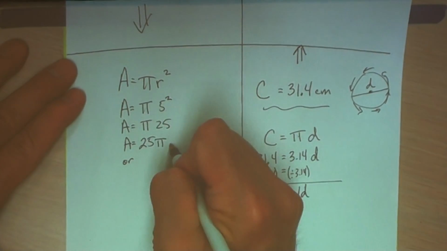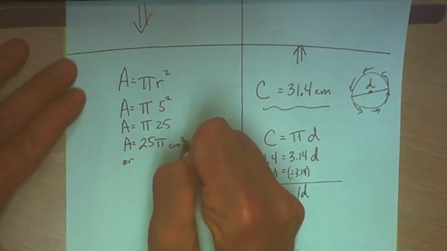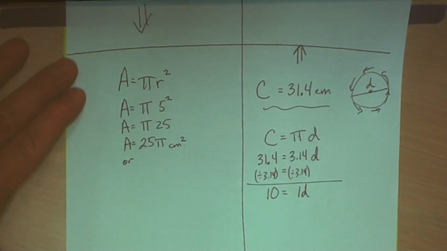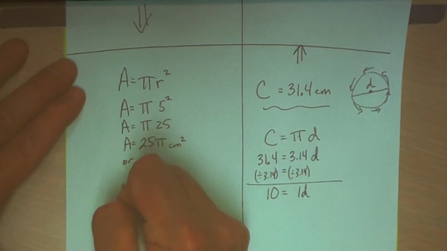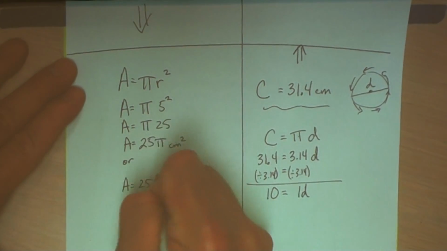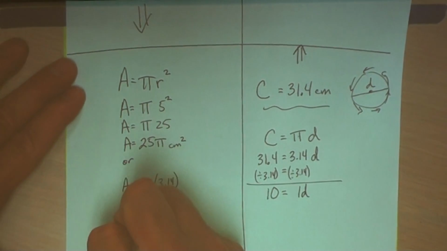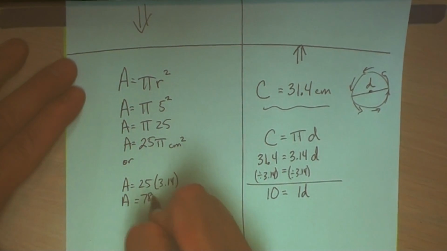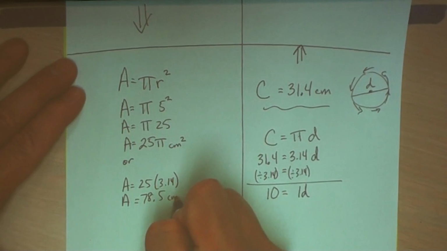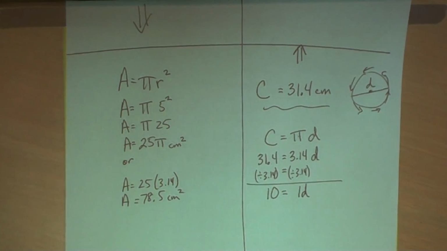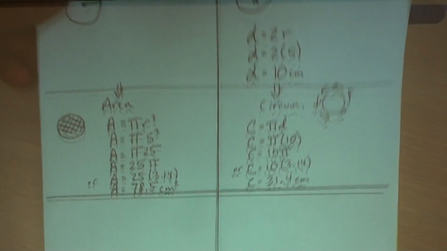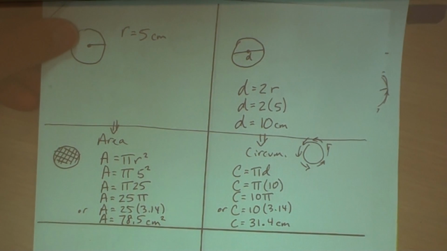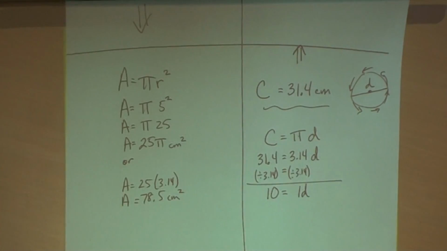Or, if we want to multiply the 25 times 3.14, that will give us a value of 78.5 centimeters squared, which is similar to our first problem, so we know we've done it correctly.